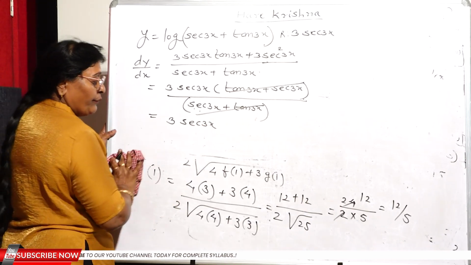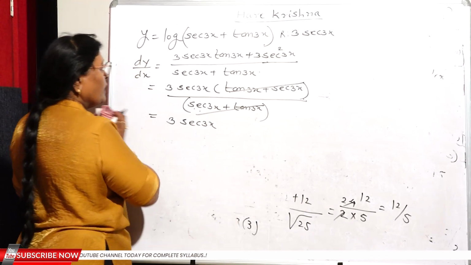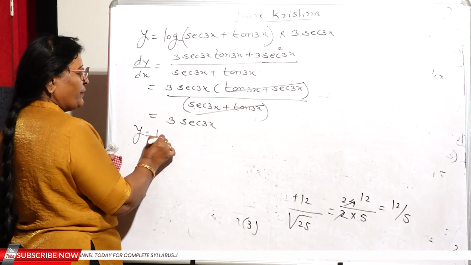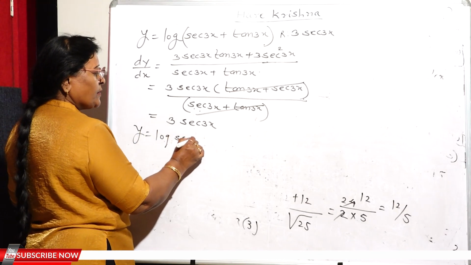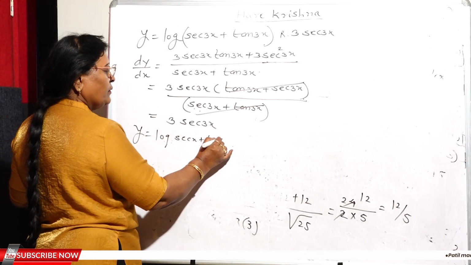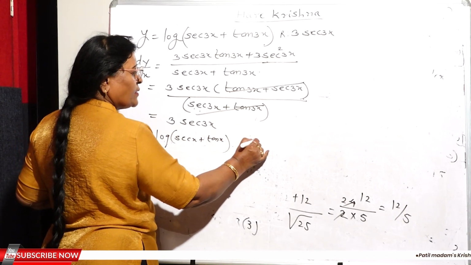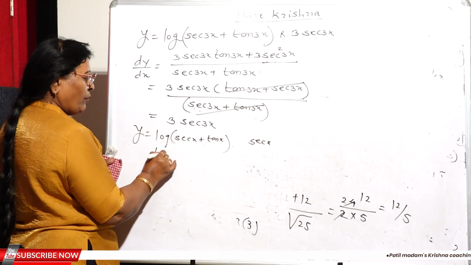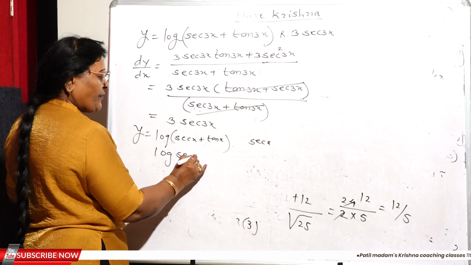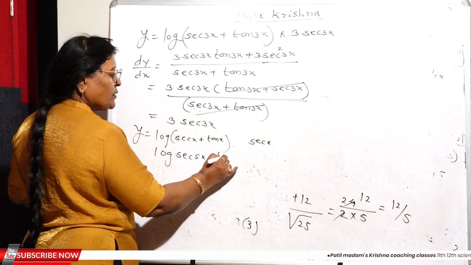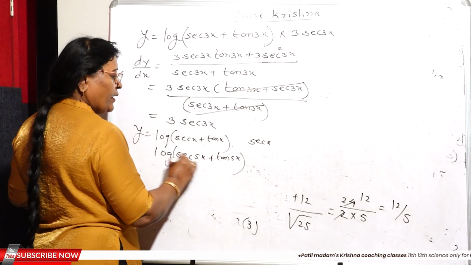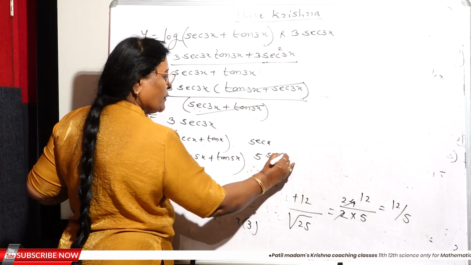So again you will get the bunch like this. Suppose you write log of sec x plus tan x. What is the result? Directly you can write sec x. Suppose you write log of sec 5x plus tan 5x. What is the result directly? 5 sec 5x.